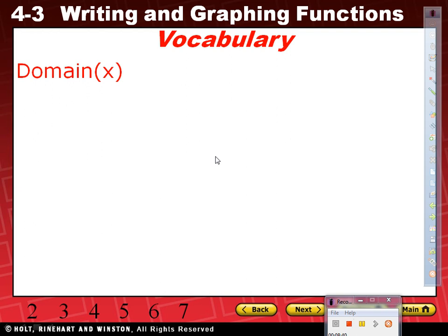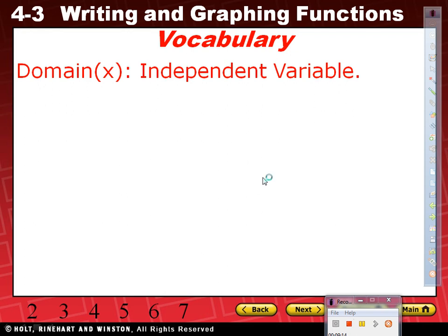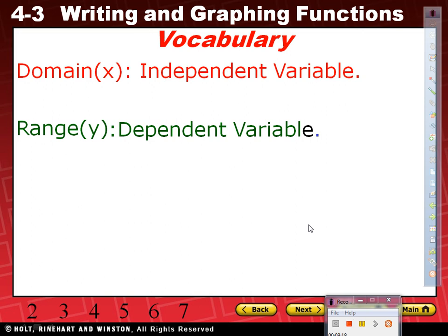So, if the domain is independent, then therefore the range is dependent variable. If the domain is independent variable, the range is dependent variable. The range is dependent variable. Okay?